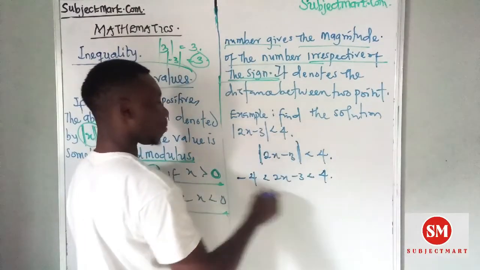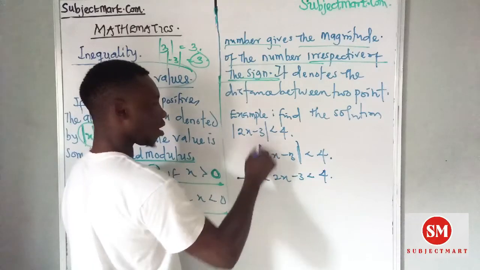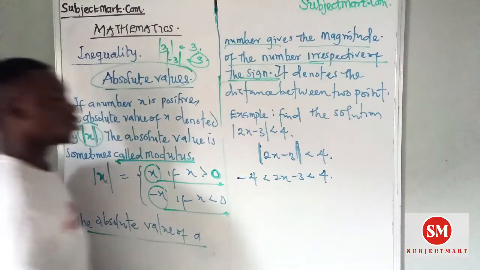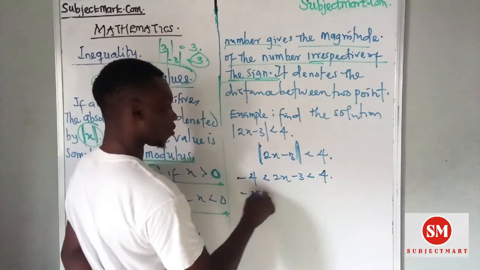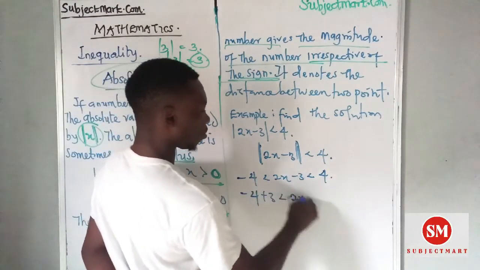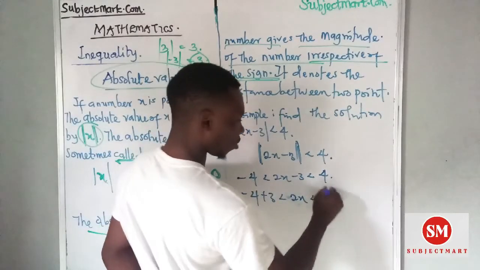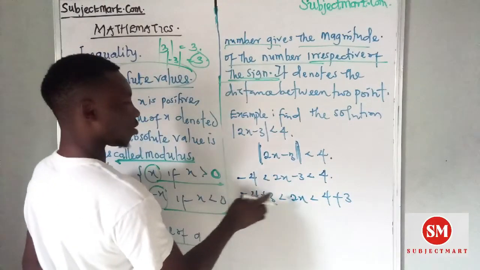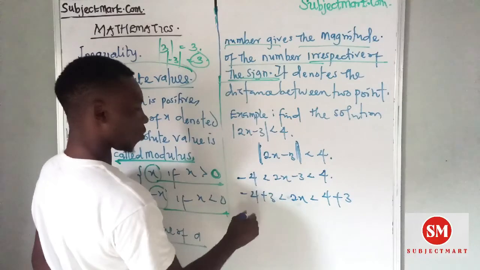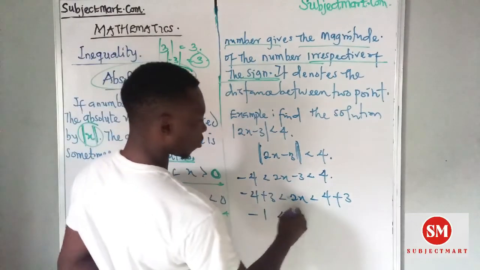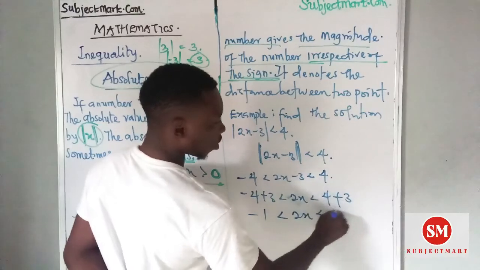This minus 4 came because of the presence of your absolute value, because your absolute value has 2 sides. So now this becomes minus 4 plus 3 is less than 2x, which is less than 4 plus 3. So this minus plus this is going to give us minus 1 is less than 2x, which is less than 7.